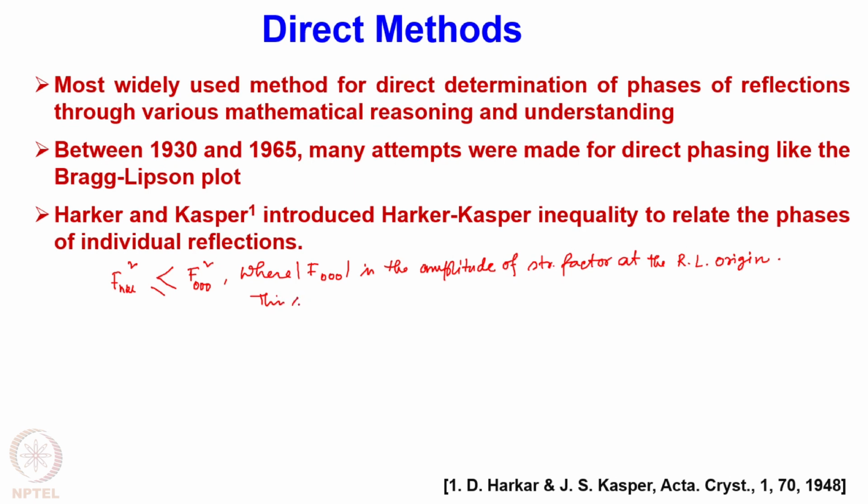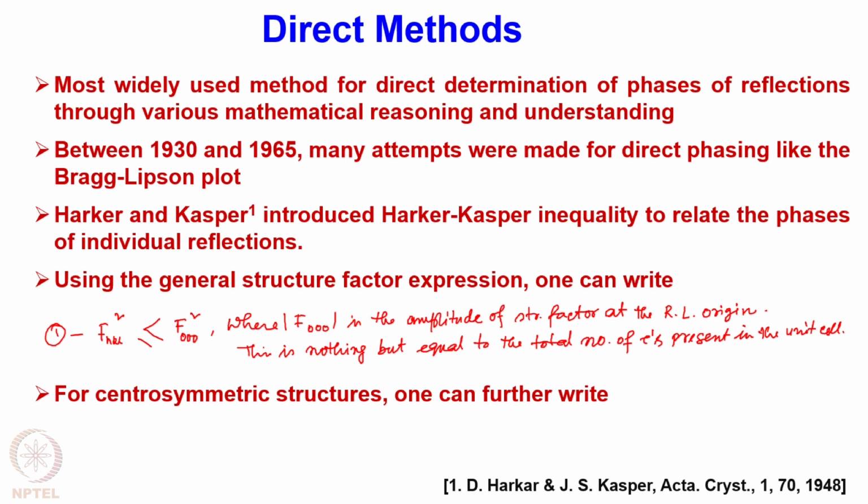This is nothing but the total number of electrons present in the unit cell. We write this as equation number 1.